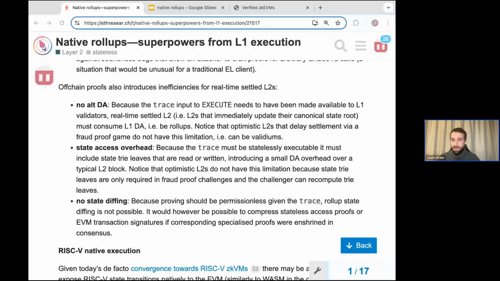I haven't followed SP1 Turbo that much, but what is stopping them from having proving done in under 12 seconds by throwing more compute? What's the bottleneck there to get time under target? Right now, I know that one of the bottlenecks, ironically, is not the proving, but it's the RISC-V execution.